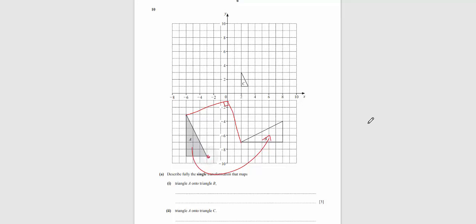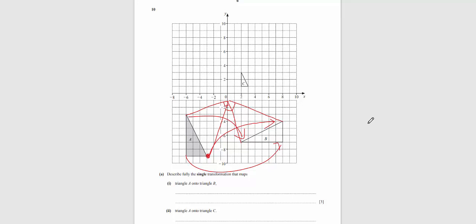And then this point rotates in here, and this point rotates in here.